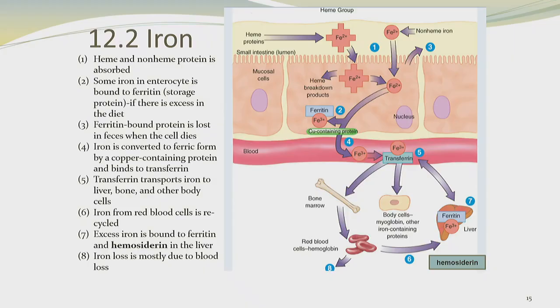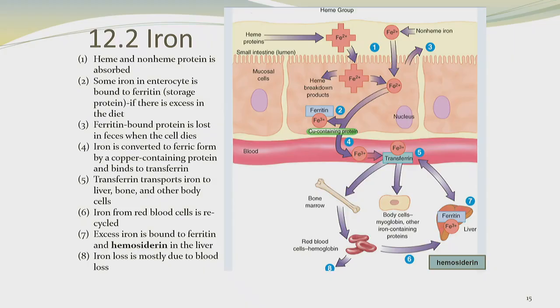So if iron intake is high, some of the iron will be bound to a storage protein in the enterocyte called ferritin. So it's important to remember that ferritin is that storage protein for iron. And this ferritin can be eliminated through fecal matter, for example, if the enterocyte dies, right? And then it's excreted.